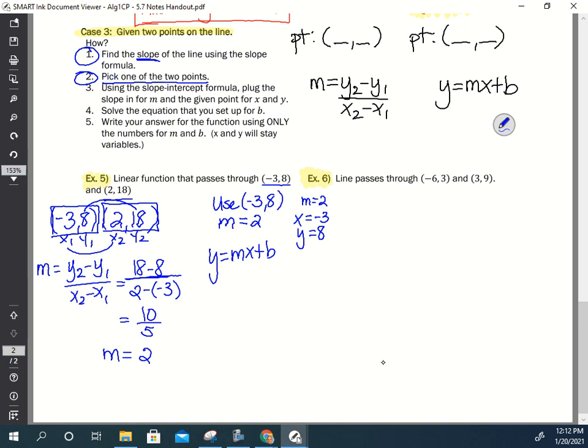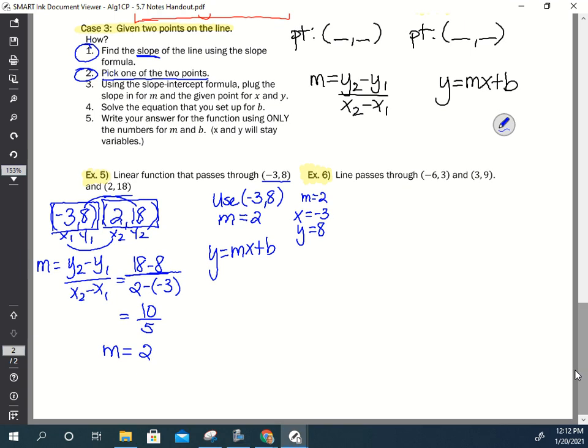We solve it the same way that we just finished doing it. Y is equal to 8, m is 2, x is negative 3, and b we don't know.